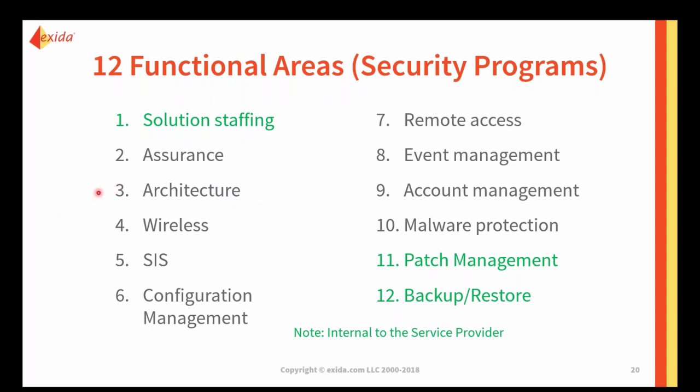Within 2-4, there are 12 different functional areas, from solution staffing to backup and restore. Our goal isn't to go through and look at each one of these in depth, but more just to provide an understanding of how the standard is laid out and how the specific requirements can be understood and then met.